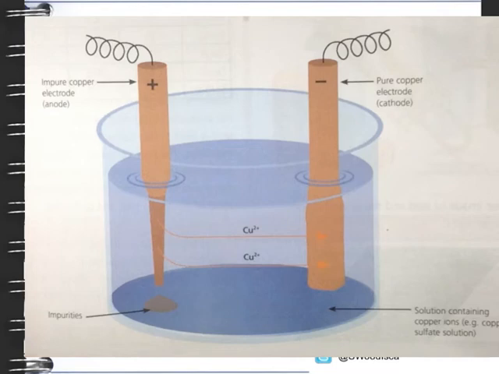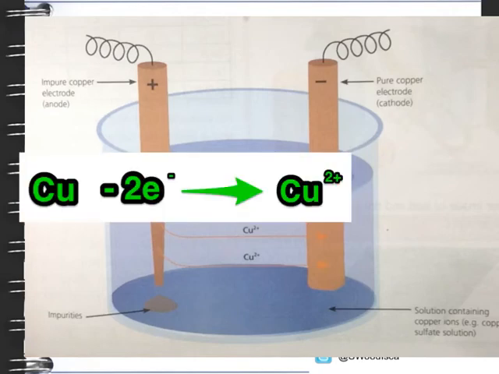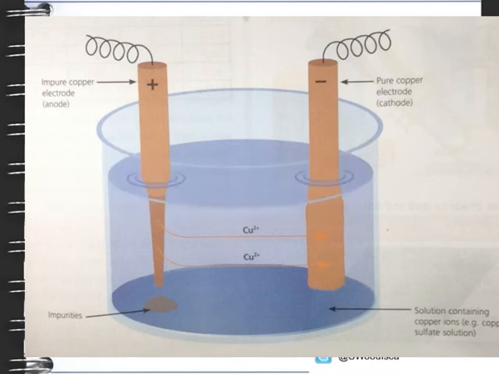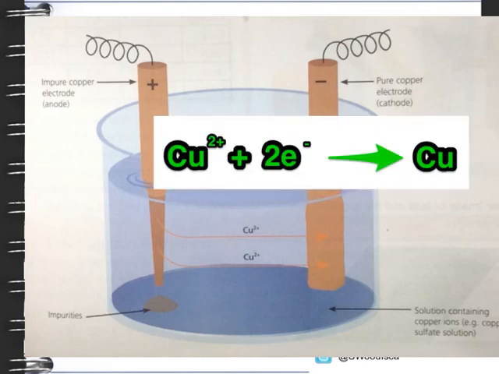Now, in terms of the reactions that actually happen at the anode, which is the positive electrode, we get this reaction. We have copper atoms that lose 2 electrons to become a copper ion. This reaction is an oxidation reaction because electrons are lost. At the cathode, we have the opposite reaction.